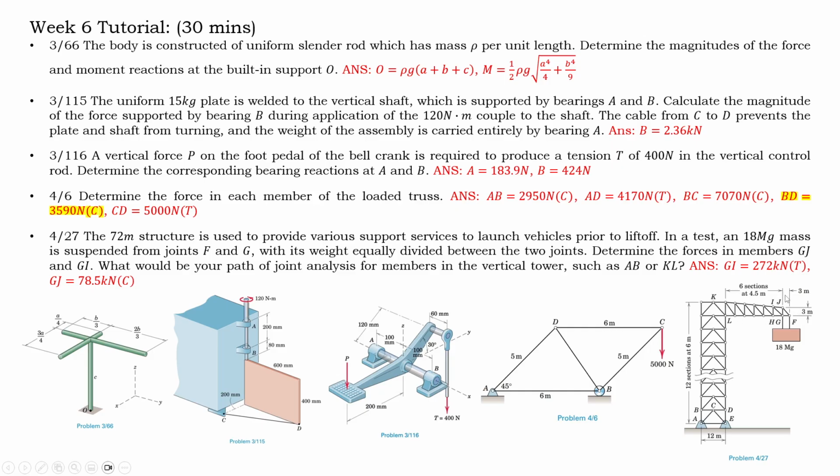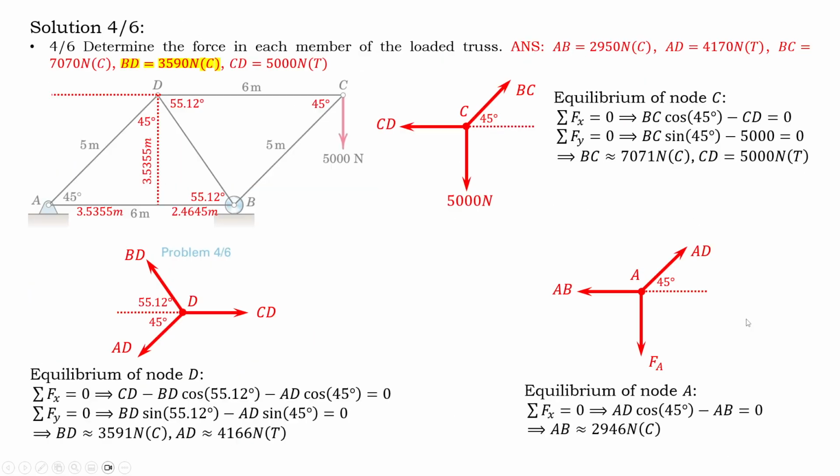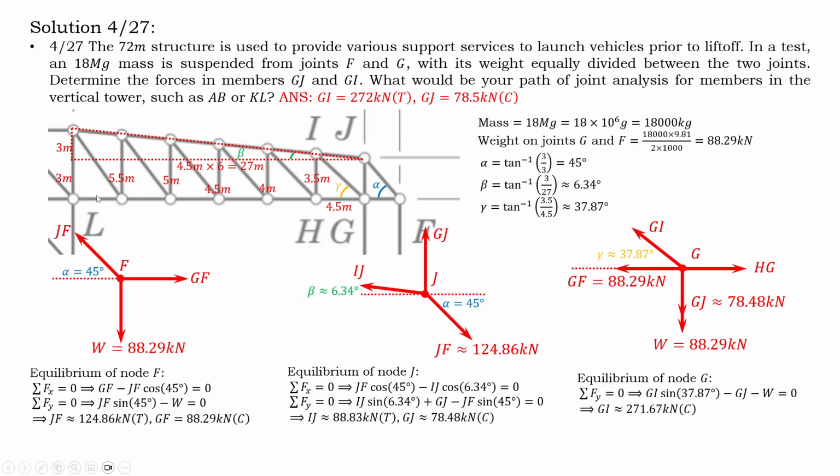We have 6 sections at 4.5, and it says that the last one is 6 meter because 12 sections at 6 meter. So it means that from here to here is 6 meter. So therefore this will be 3 meter.